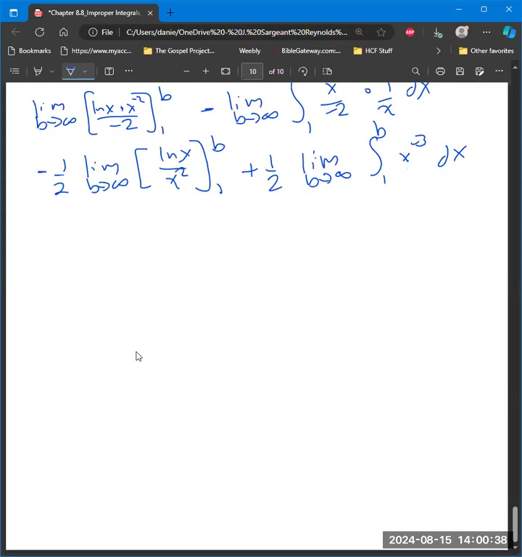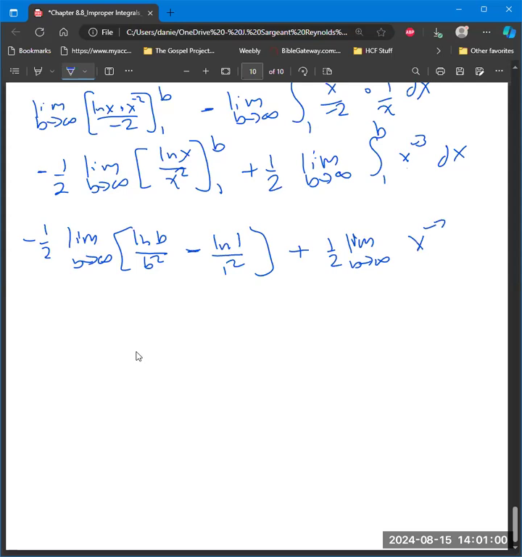And then we have negative 1/2, limit as b goes to infinity of ln of b over b squared minus ln of 1 over 1 squared plus 1/2 limit b goes to infinity of x to the negative second over negative 2 from 1 to b.